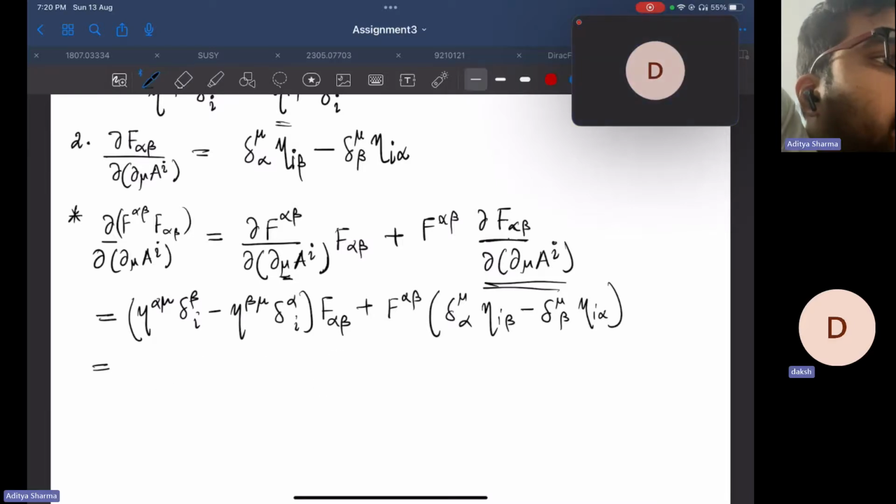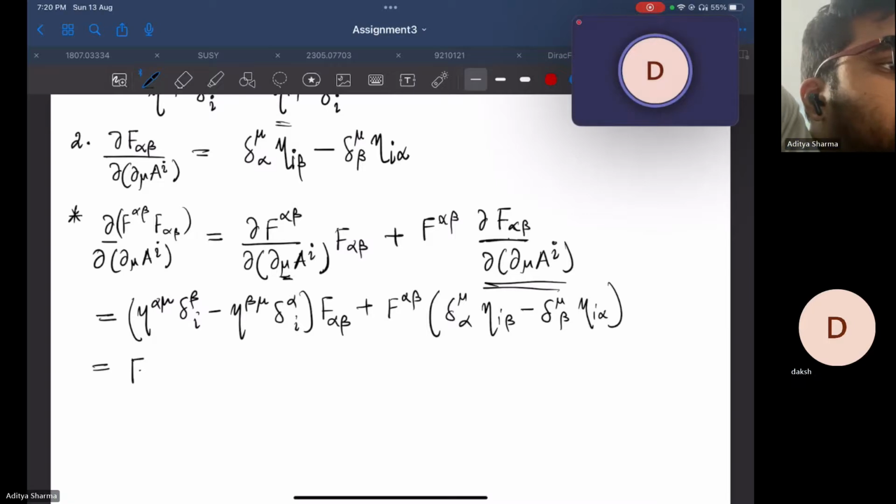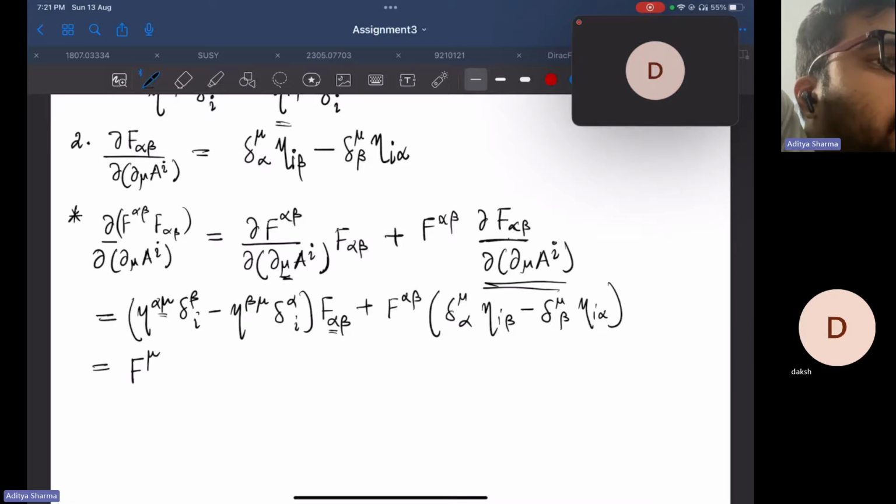So if you put this in the first term, what will you get? Your mu will go above because alpha is here. So mu, and beta will be I, so mu then I, minus, if you apply this in the second term, alpha is in the first term, I then mu.